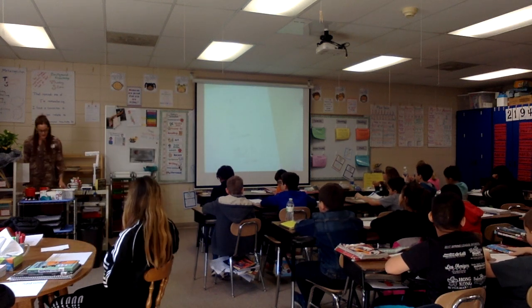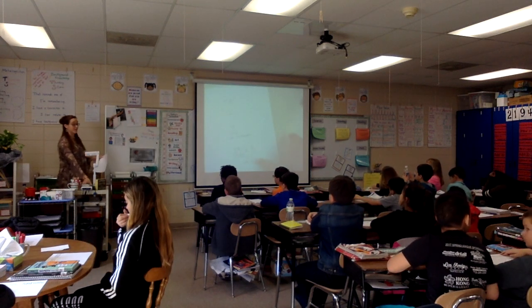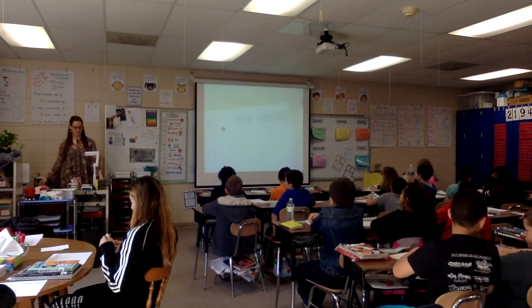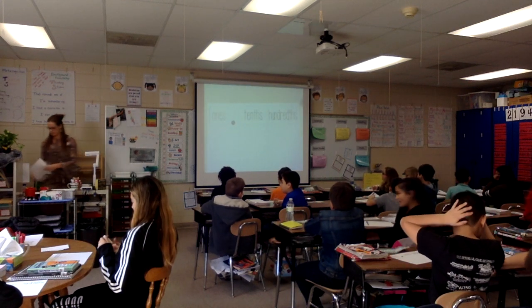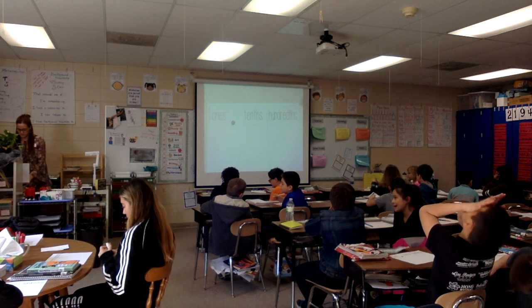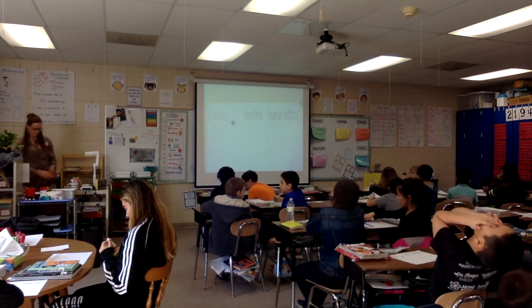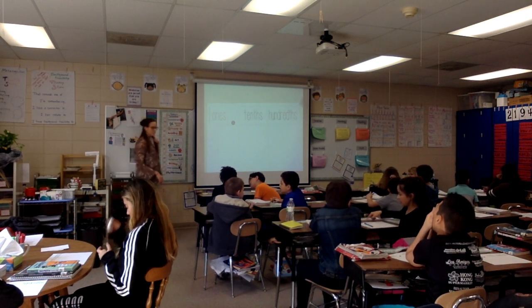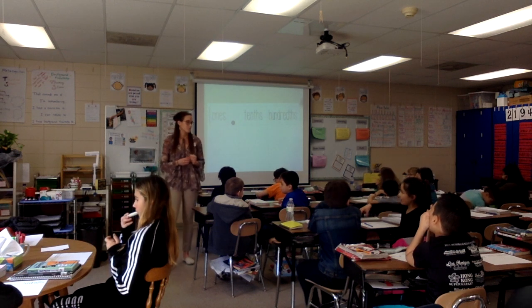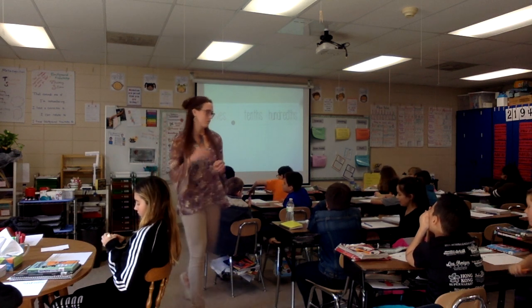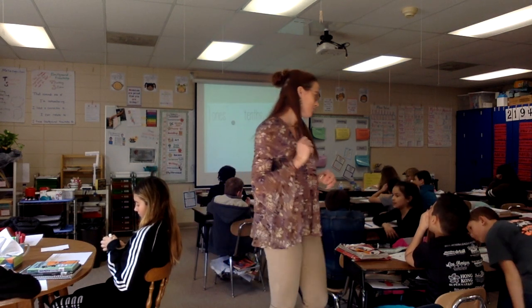Talk to your elbow partner about what you think a decimal represents. A decimal represents a space. It's a space that you put on a number. It's like 1.5.